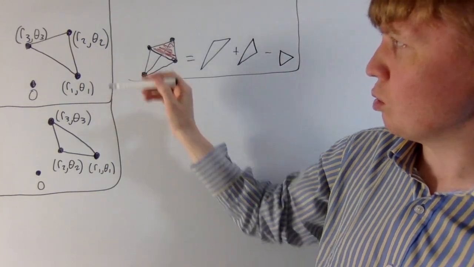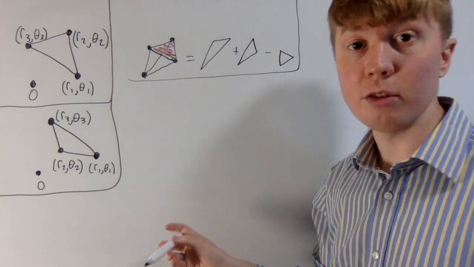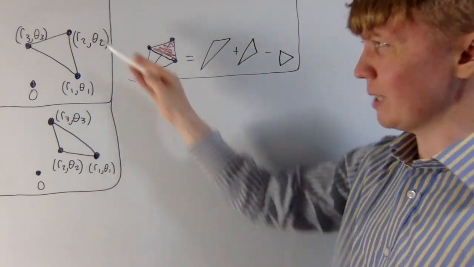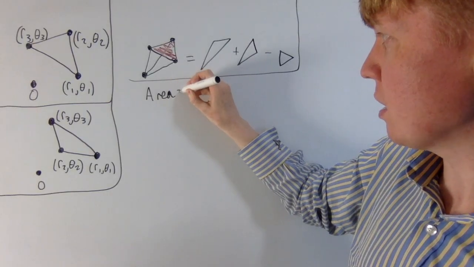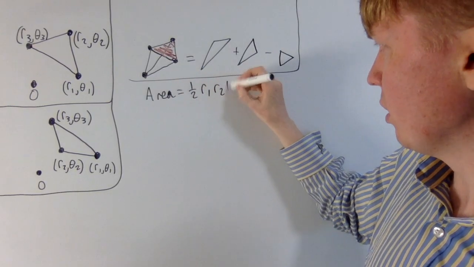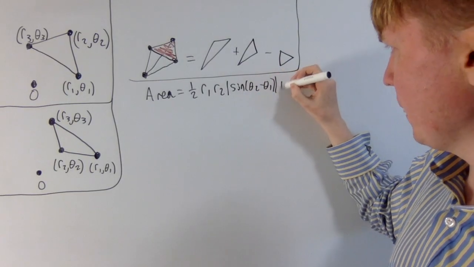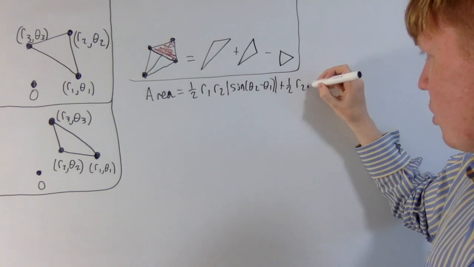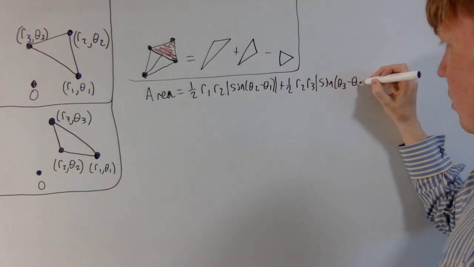So if we've got r2 θ2, this is the one that's sandwiched in between r1 θ1 and r3 θ3. We'll make this notion of being sandwiched in between them more rigorous later as well. But basically our area is equal to a half r1 r2 absolute value of sine of θ2 minus θ1, plus a half r2 r3 absolute value of sine of θ3 minus θ2.